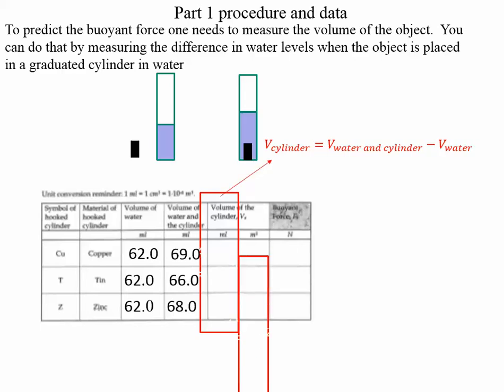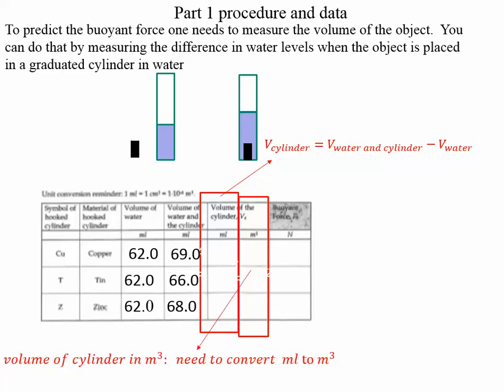The next column is converting the volume measurement into cubic meters. The graduated cylinders that measure the water volume are in milliliters, and you need to convert to cubic meters, and you need a conversion factor.